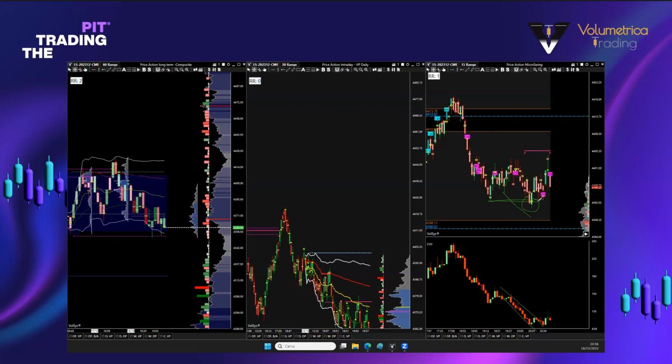Now, what is important about that is that absorption, for all of these reasons, represents one of the most solid support and resistance areas you can identify from the order flow perspective.